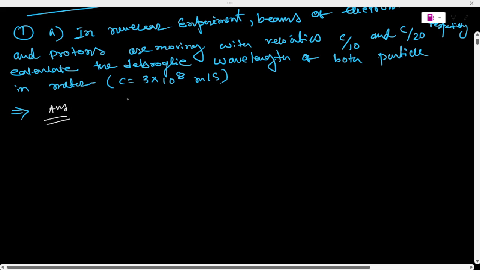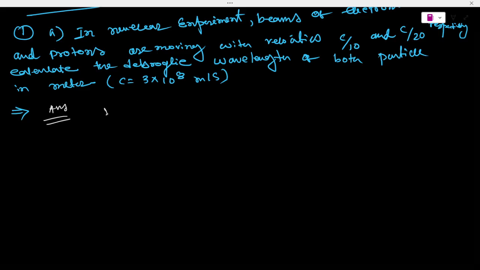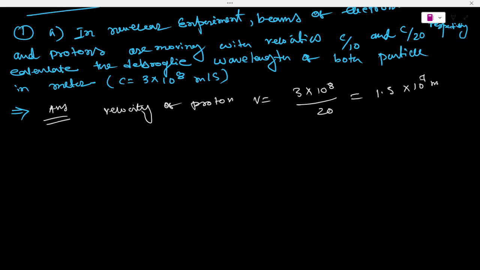The velocity of proton is equal to 3 into 10 to the power 8 divided by 20, which is around 1.5 into 10 to the power 7 meter per second.